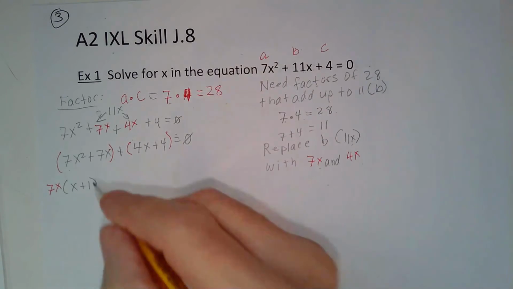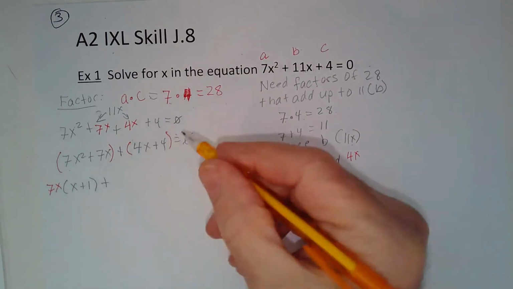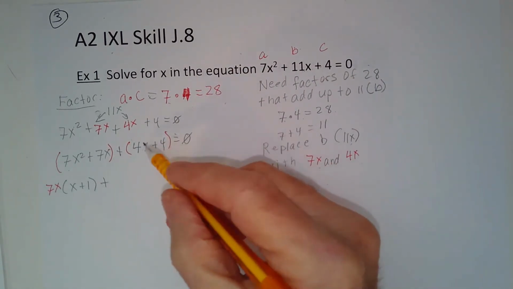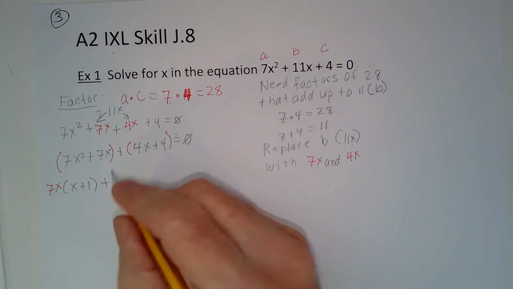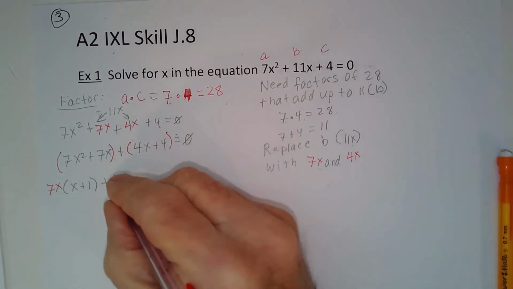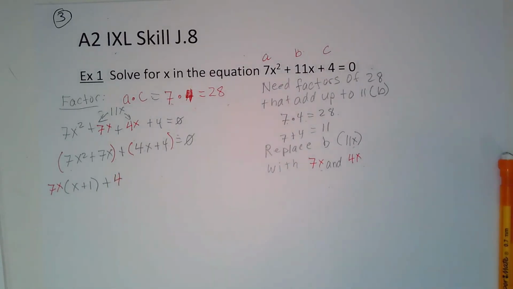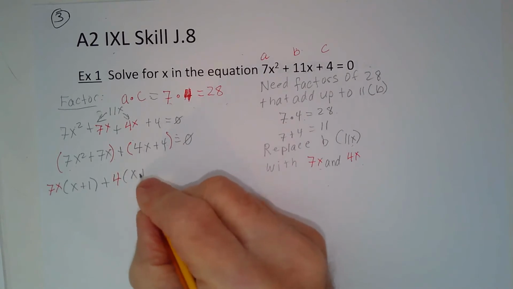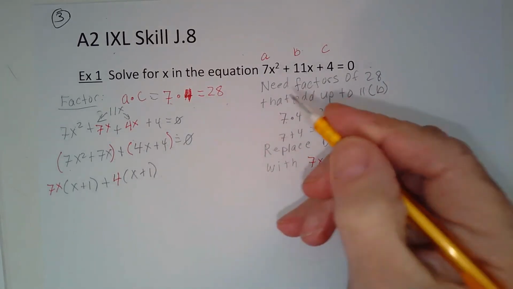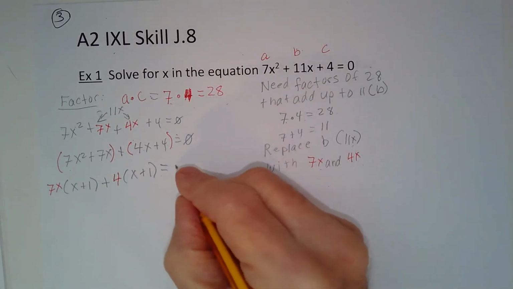Okay. And then over here, 4x plus 4, I can factor out a 4. So I will do that. And that leaves me again with x plus 1. 4 times x plus 1. And that all equals 0.